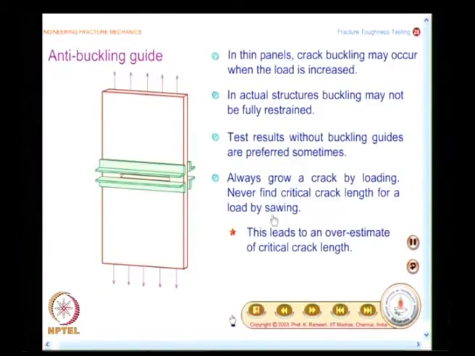On the other hand, if you grow it by sawing and find out the critical crack length and the critical stress, it would lead to an overestimate of the critical crack length, because we are going to see there is going to be an initial crack length, there is a stable crack growth feature followed by unstable failure, which we had seen even while discussing plane stress situation long time back with the help of Harker. We will again have a look at that.